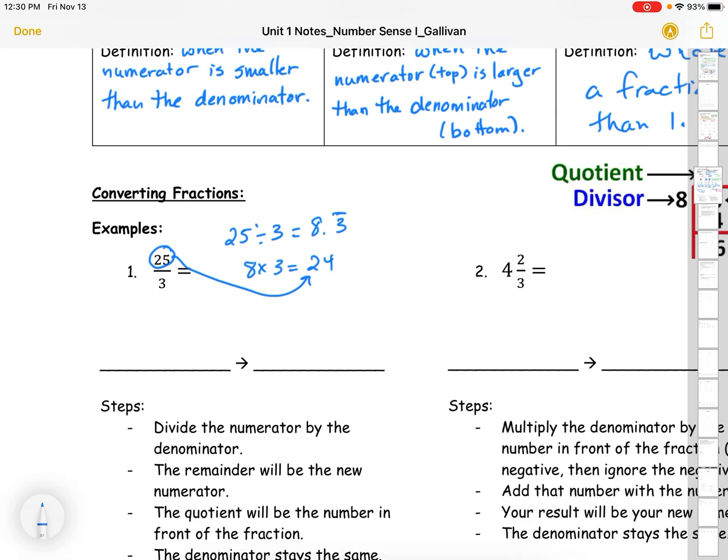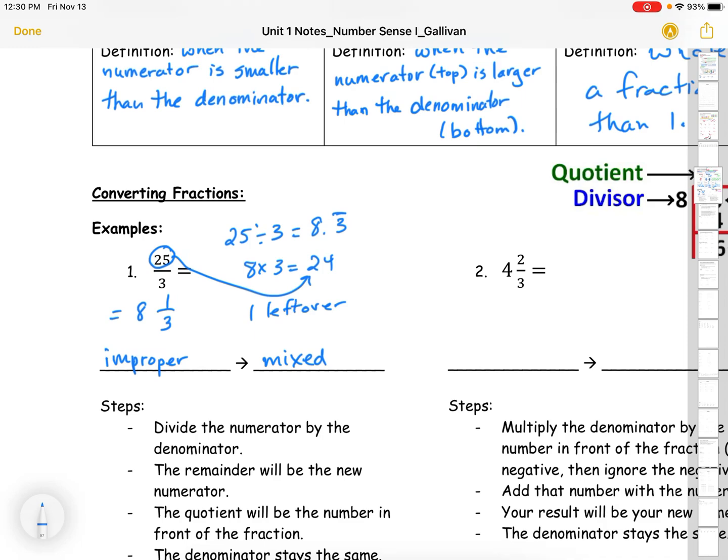So how many do I have left over? I have 1 left over. So I can rewrite this as 8 1/3. And here we're going from improper to mixed, right?